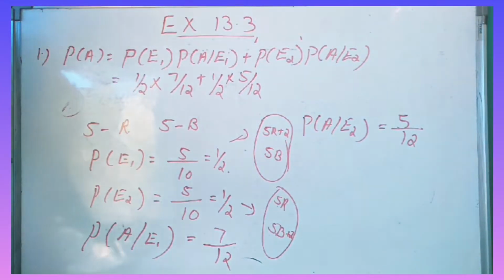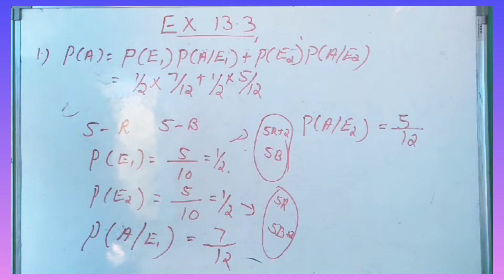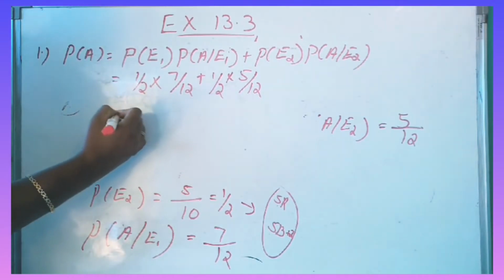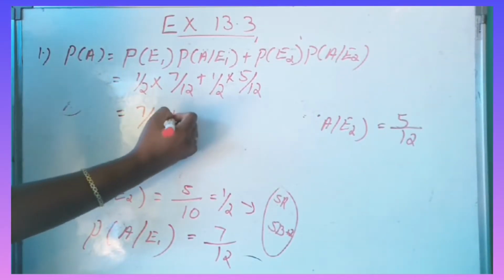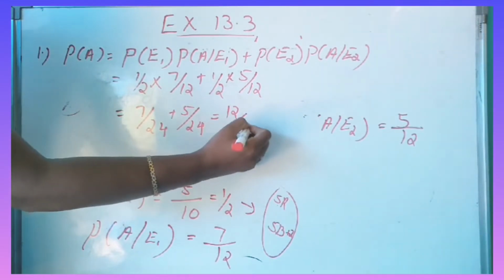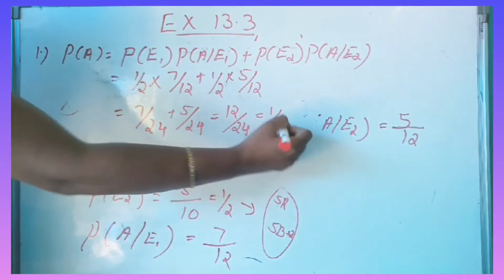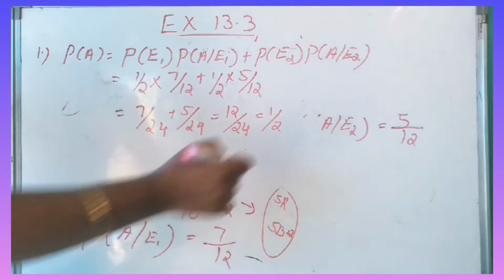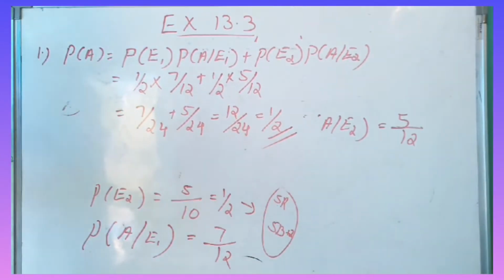So 1 by 2 into 7 by 12 plus 1 by 2 into 5 by 12 is equal to 7 by 24 plus 5 by 24, which is equal to 12 by 24, equal to 1 by 2. So in this question, the probability of getting a red ball in the second draw is equal to 1 by 2.